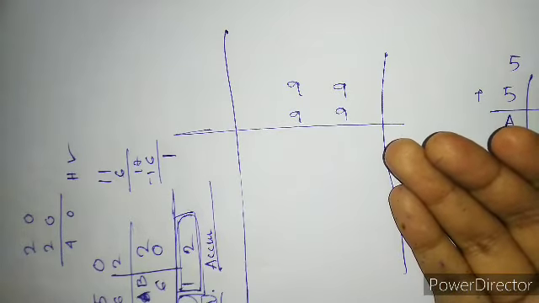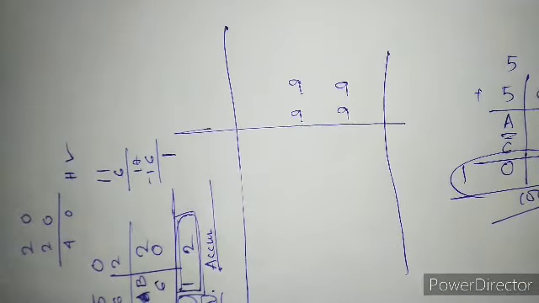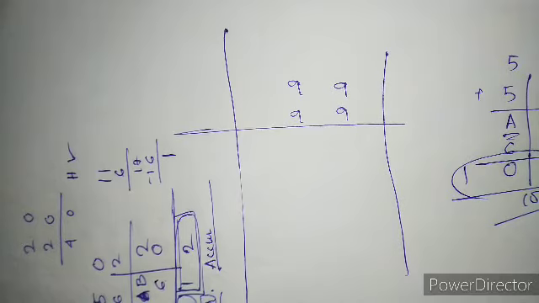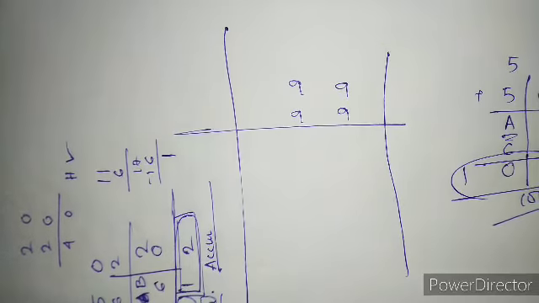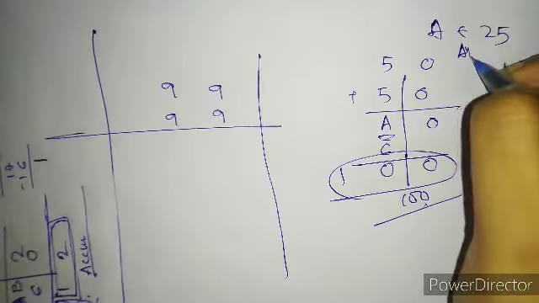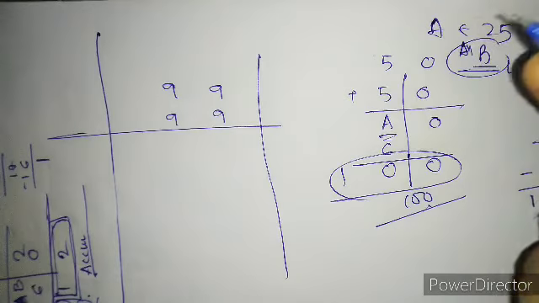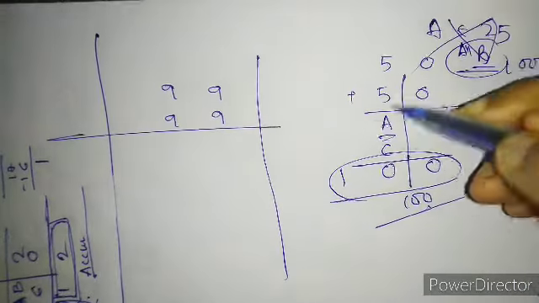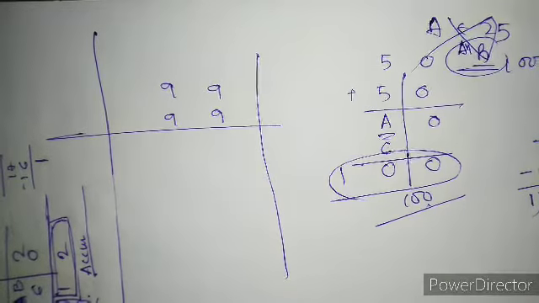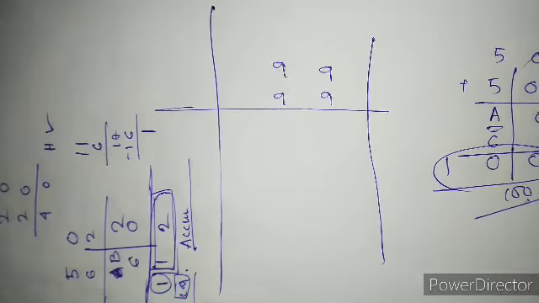See, professors ask these types of questions: maybe you have 25 in A, and in some other register there is AB. And now apply DA. This can't happen. Why? Because AB is a hexadecimal number and in DA only decimal numbers are allowed. So this is wrong. Please make sure you don't make these silly mistakes.